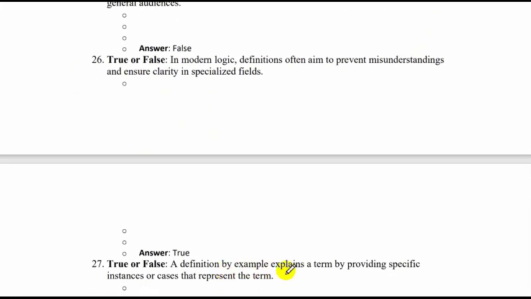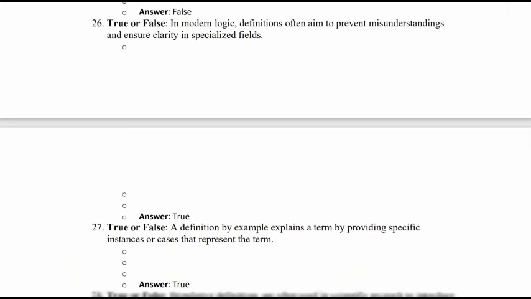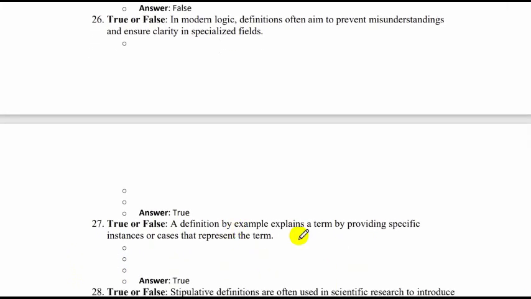A definition by example explains a term by providing specific instances or cases that represent the term. Let's check the answer. It's true. Instances or cases, correct.